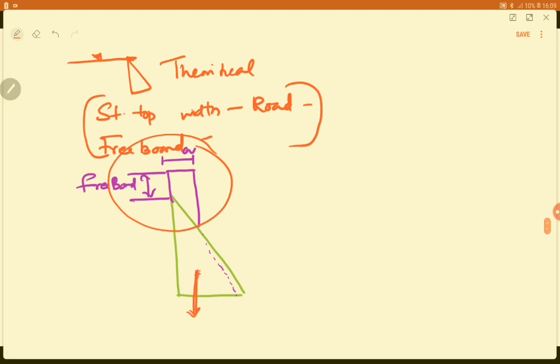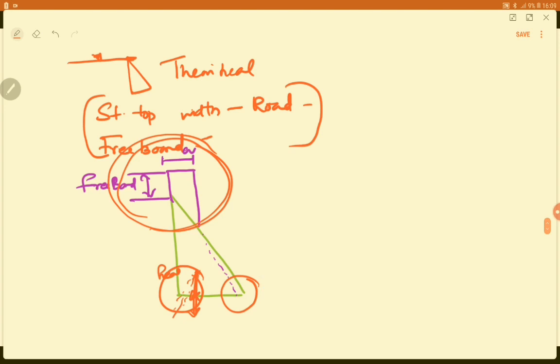This is how the resultant was passing through. In this case, whenever there are additional structures coming, the resultant has a tendency to move more towards the heel point. So in order to take care of this shift towards the heel, or the resultant crossing the inner middle third point, this is the inner middle third point, so the resultant is crossing this point, and what will happen, there will be tension developing in the toe.